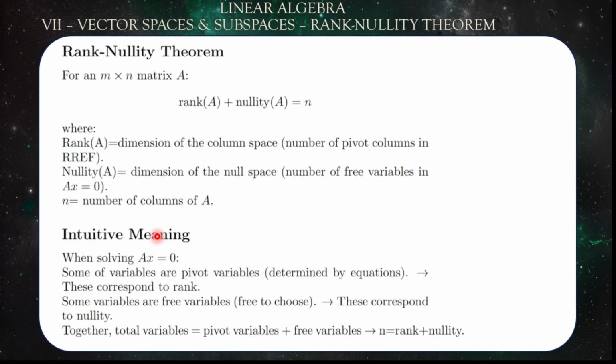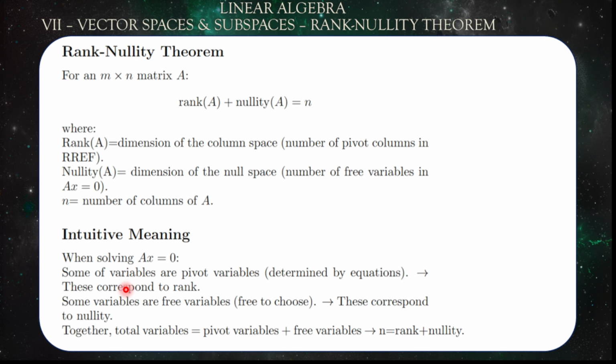So the intuitive meaning: when solving AX equals 0, some of the variables are pivot variables determined by the equations. Actually, for AX equals 0, the free variables correspond to nullity, not rank.